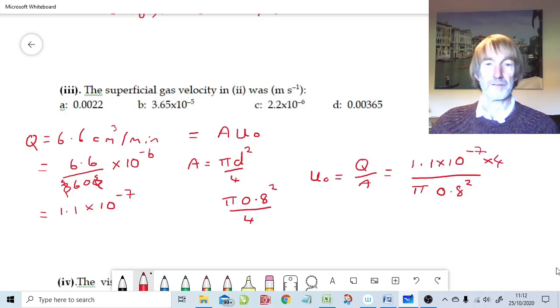Now we have to correct for the diameter, because this 0.8 should actually be 0.8 times 10 to the minus 2. So we're squaring it, so that's 10 to the minus 4. So in fact, we are timesing by 10 to the 4 here.